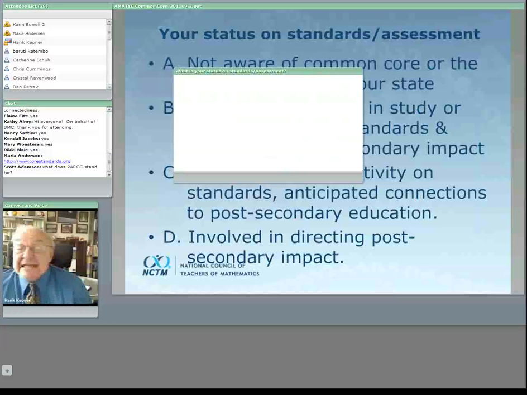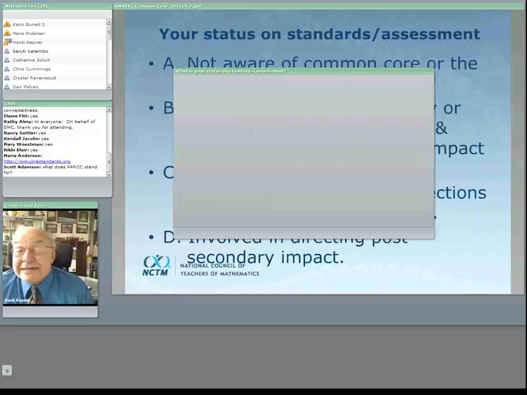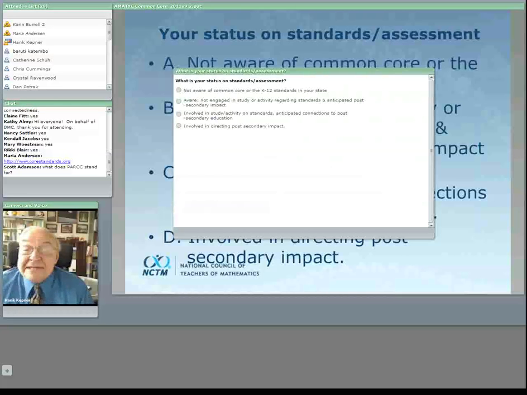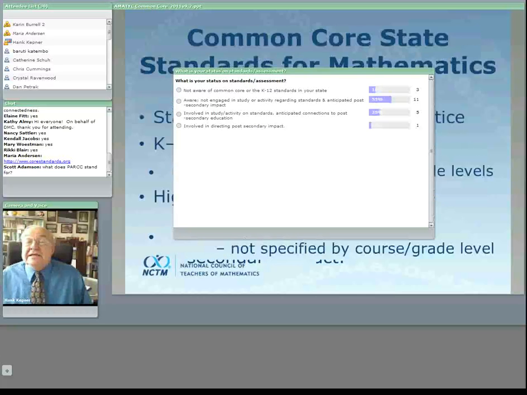The document which came out has been organized with three parts that are of particular importance to us. The key part, only about 3 pages long, is called the Standards for Mathematical Practice. I want to come back to those in just a minute. The largest chunk of the document is standards for each of the grade levels K through 8, which say these are the main topics for instruction at each of those grade levels.